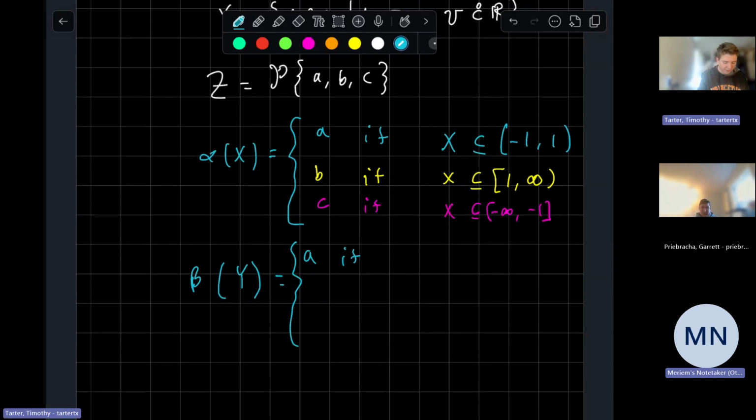We'll say A if more than half of the points in y are even. B if more than half of y is odd. And then C if 50-50. That's an interesting morphism right there, I think.